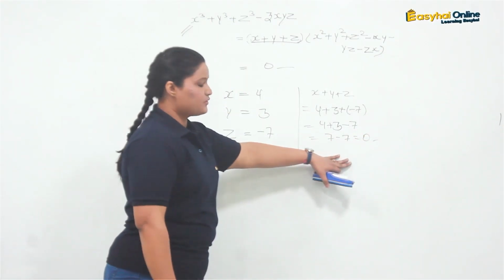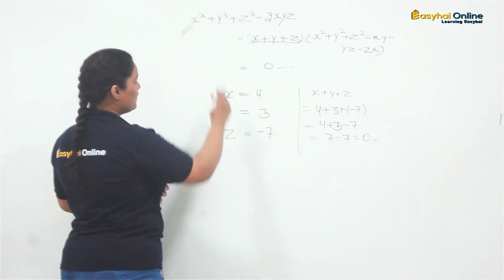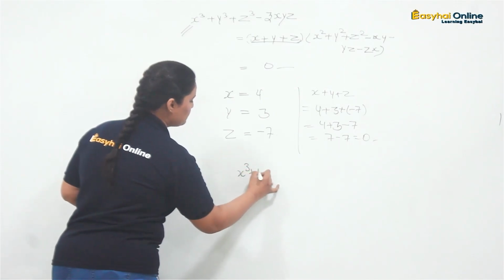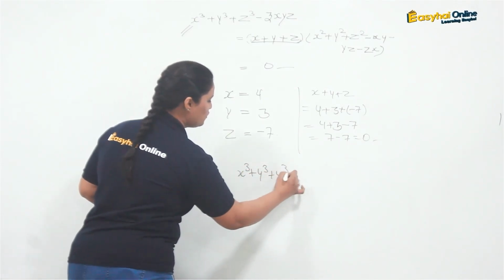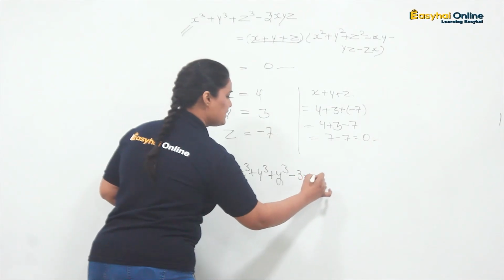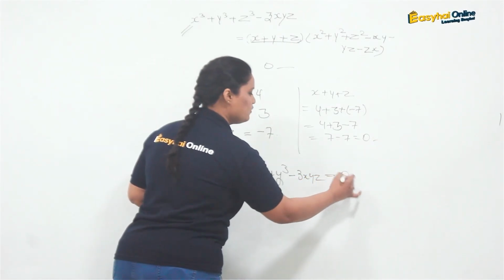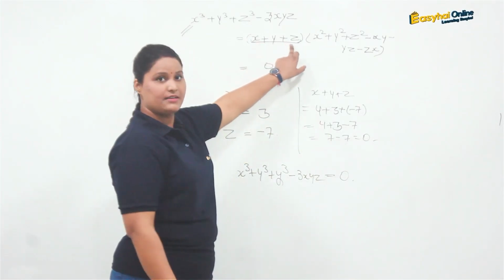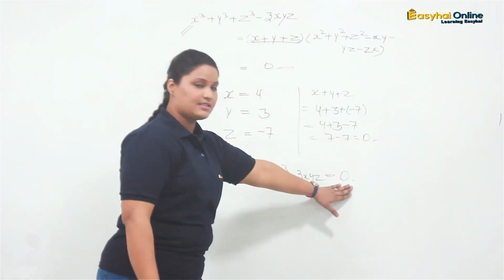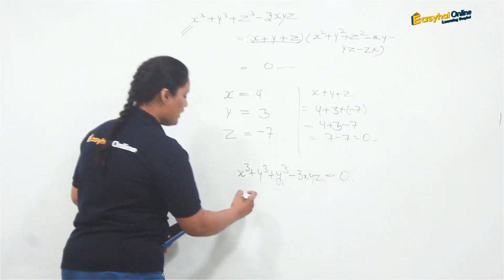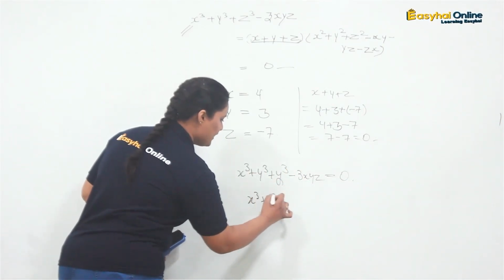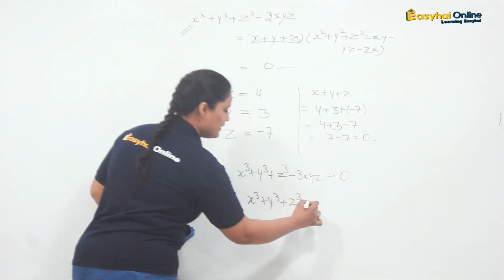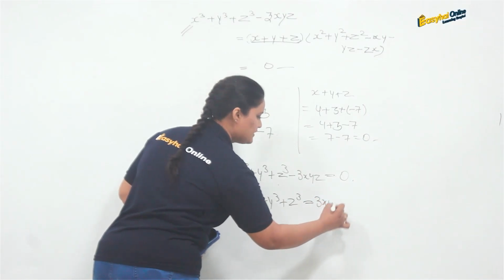Now in this condition, what will happen when we apply this formula? x cube plus y cube plus z cube minus 3xyz will be equal to 0, because the first term, x plus y plus z, will become 0. Then the RHS will be 0. So x cube plus y cube plus z cube will equal 3xyz.